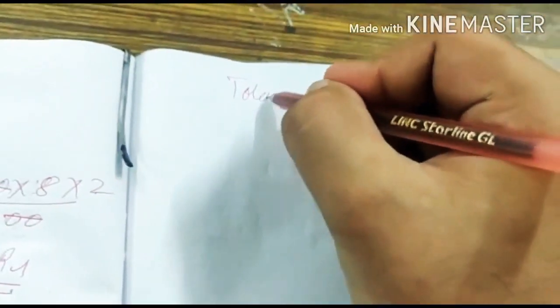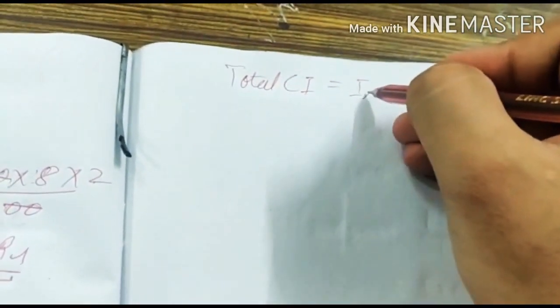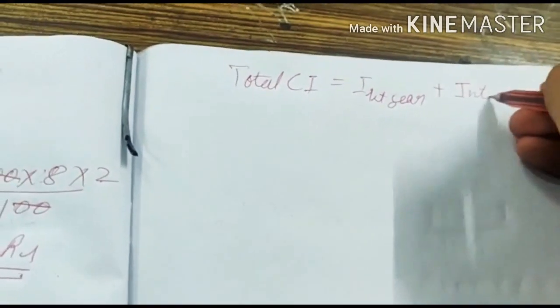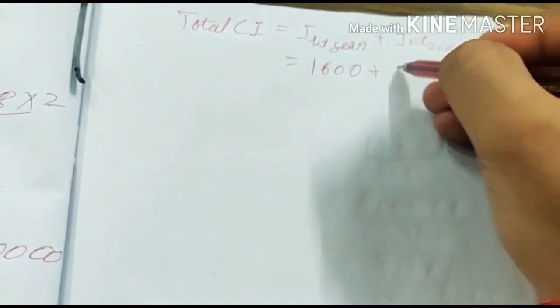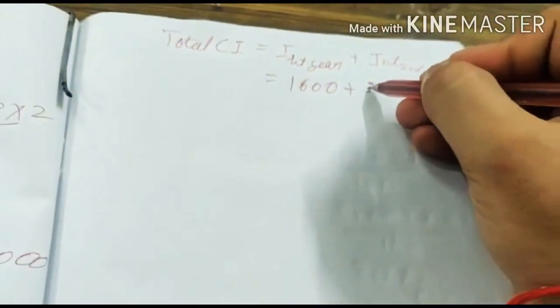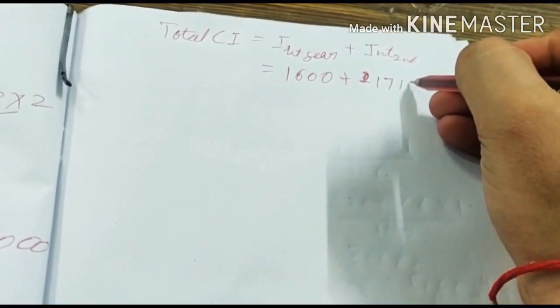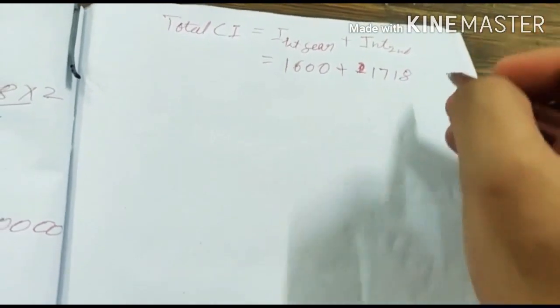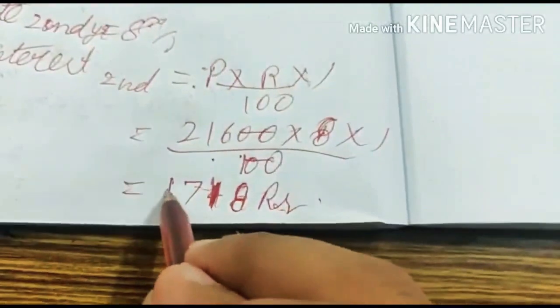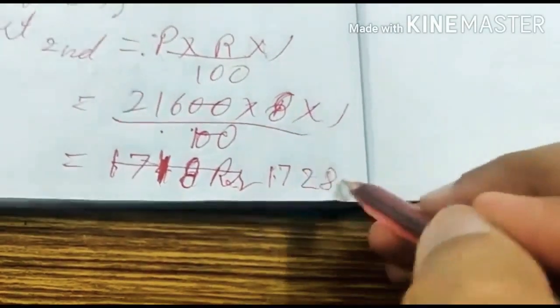So total CI is equal to interest for first year plus interest for second year. This is 1600 plus this, 1728 rupees.